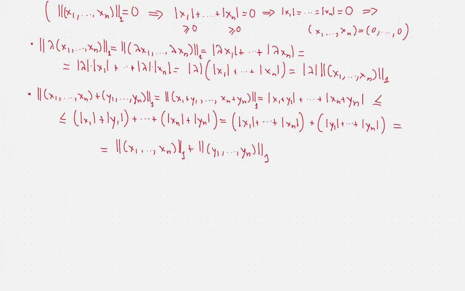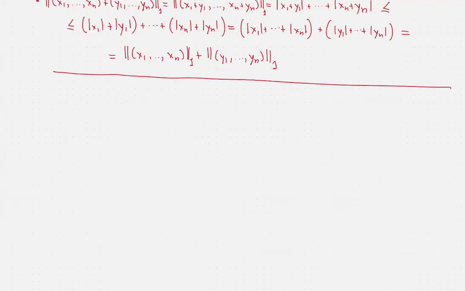So now let's show that it's complete. So first of all, let's denote this by L1n. So L1n by definition is Rn, with, actually, you know what, I want it the other way around.